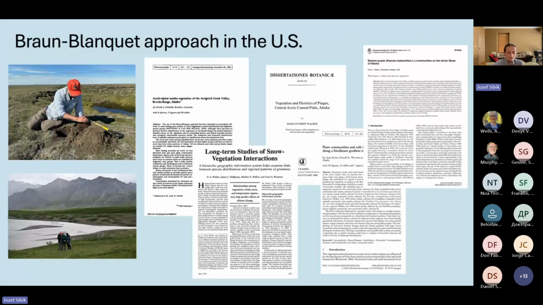It started in the 80s, and there were authors like, already mentioned, David Cooper, Skip Walker, Marilyn Walker, and then it continued also through various authors. There are also more studies done by Amy Breen or Anja Kade, focusing on various vegetation types.